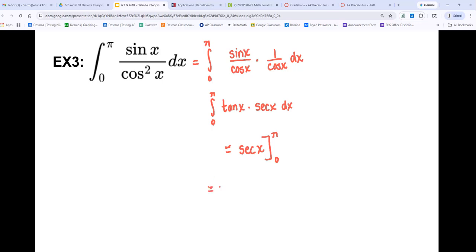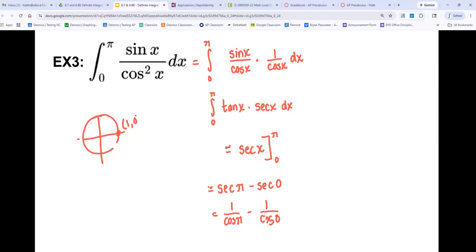Which means that I will have secant of pi minus secant of 0. Secant's 1 over cosine, so it might be better to think of 1 over cosine of pi minus 1 over cosine of 0, unit circle.